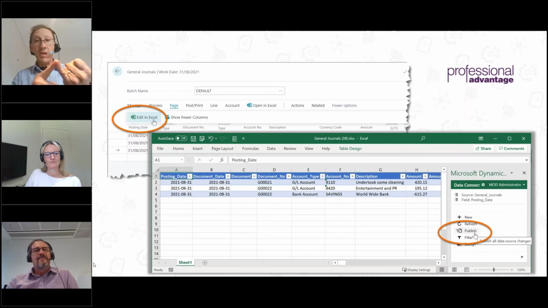Sure, you can export and copy and paste, but now you can actually edit, update, and refresh Business Central from within Excel. It's a real game changer.